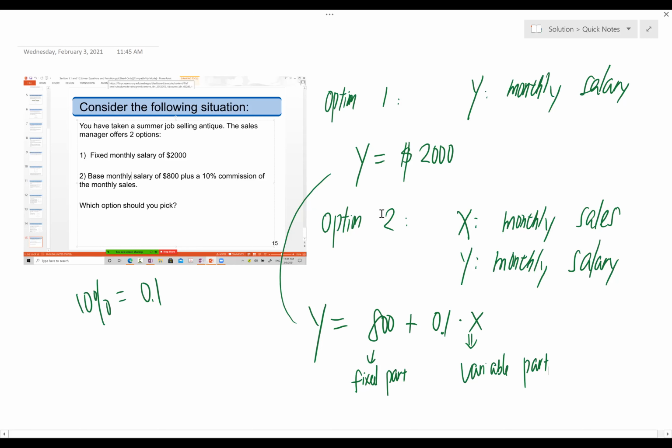But do we know when those two options generate the same amount of money in terms of monthly salary? Can we figure that out? If we know that, maybe we can make a better decision about this scenario. Any suggestion? When do option 1 and option 2 provide the same monthly salary?